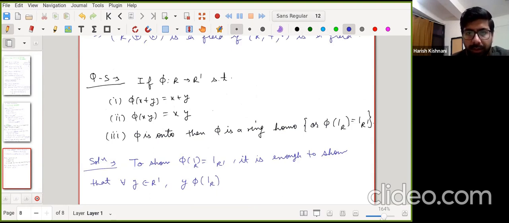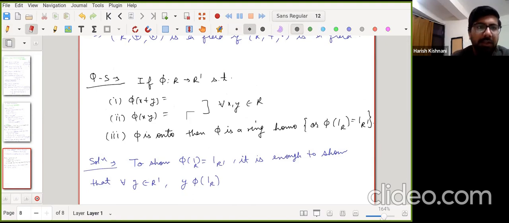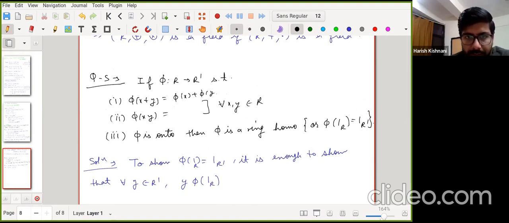Yes, I should have written here for all x comma y in R. A very silly mistake I did. Yes. Compatibility with addition and multiplication. So it should be this.